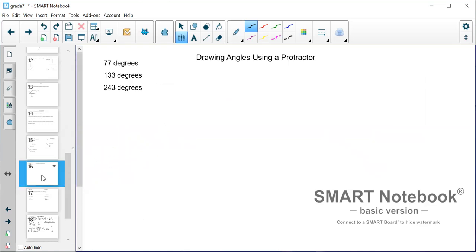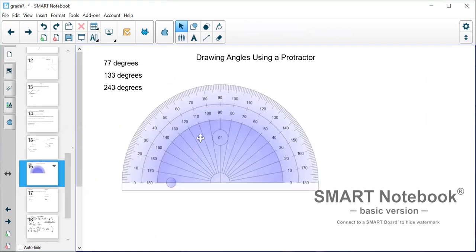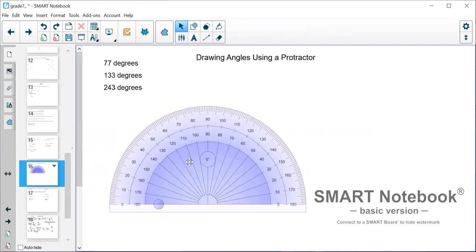Moving on, we're going to look now at how you draw angles using the protractor. And for those of you who may not be aware, the protractor is this semicircular instrument in your geometry set. If you notice, it has different markings in different directions.